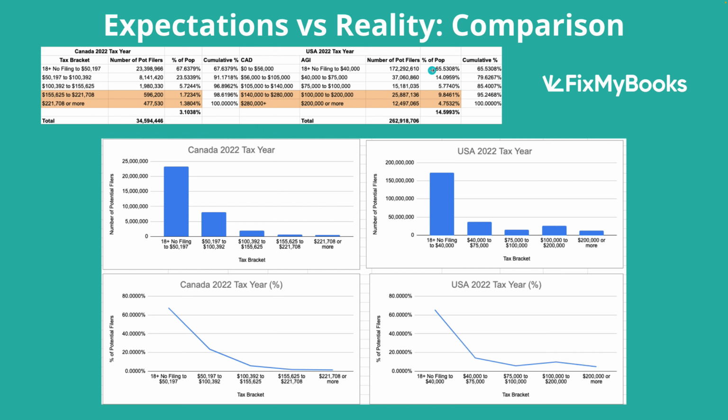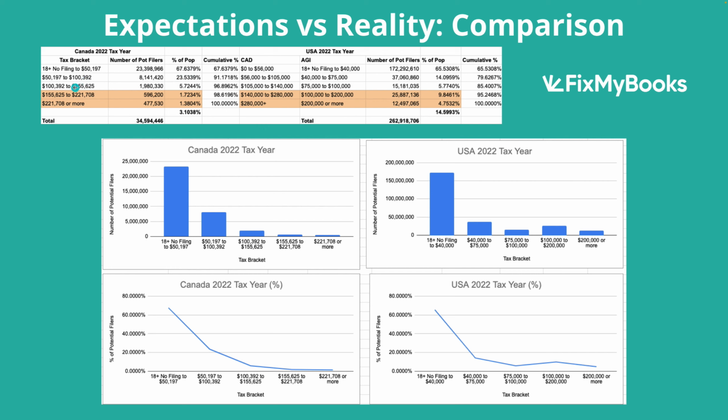But what it means is that there's more people in Canada earning lower incomes relative. So 65.5% of the population who earn just up to slightly more in Canadian dollars versus Canada, where it's 67.63.